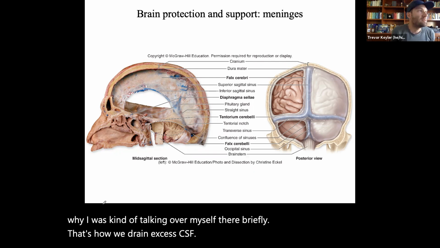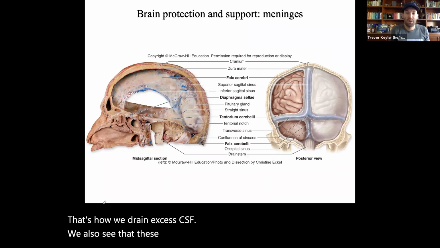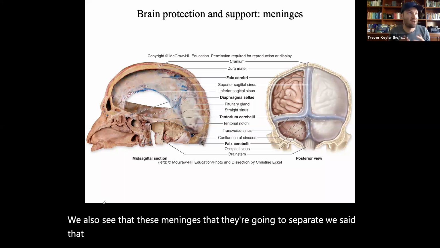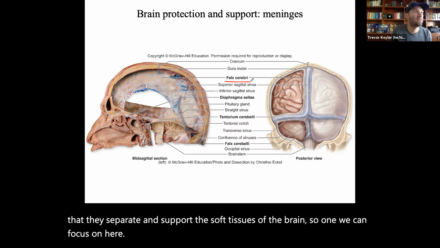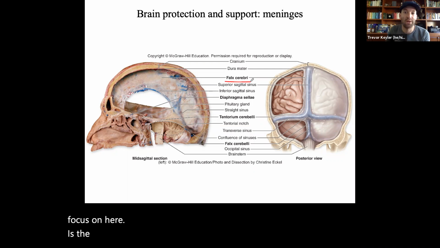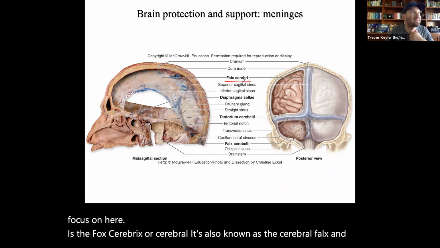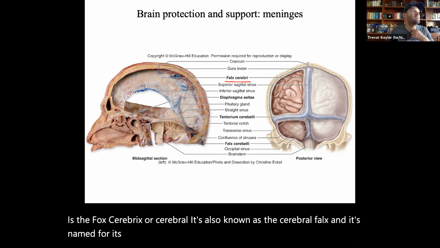We also see that these meninges separate and support the soft tissues of the brain. One we can focus on here is the falx cerebri. It's also known as the cerebral falx, and it's named for its sickle-like form. You can see this falx runs down deep between the hemispheres.